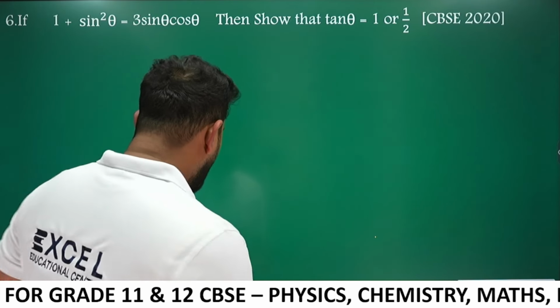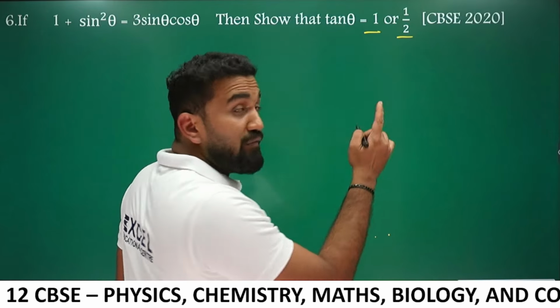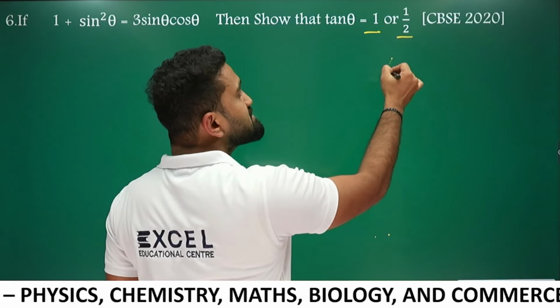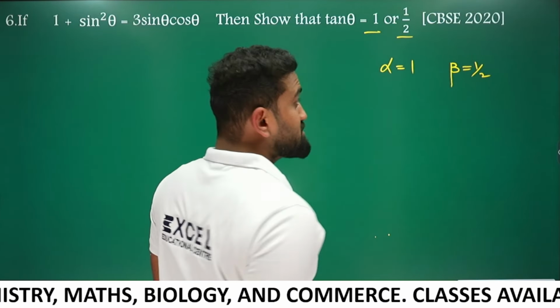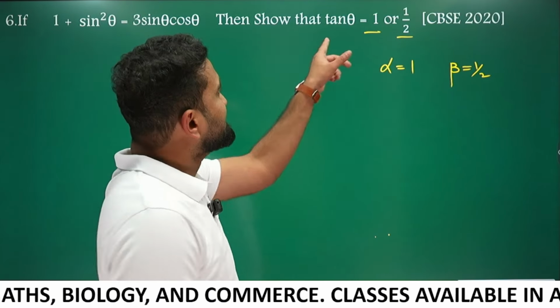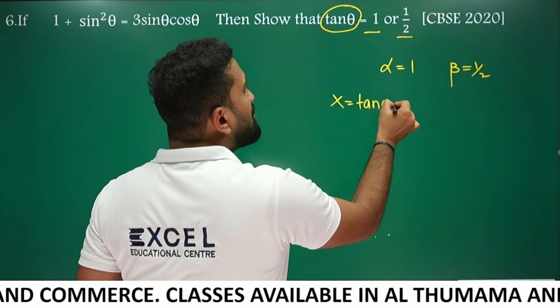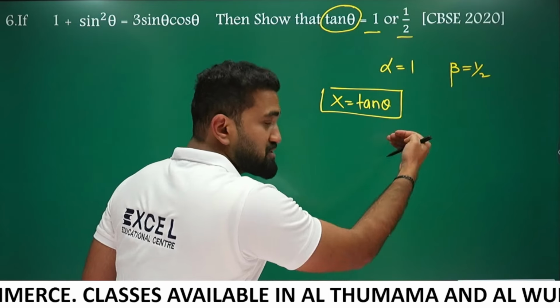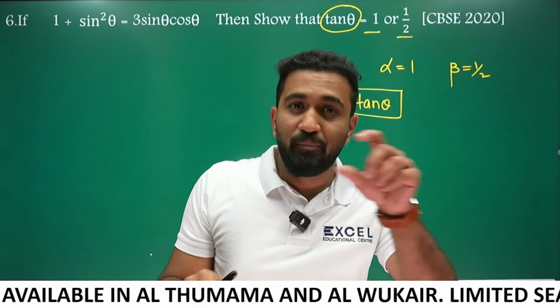If I'm telling that 1 and 1 by 2 are the roots of a quadratic equation, means alpha is equal to 1 and beta is equal to 1 by 2. So x equal to tan theta will be carrying a quadratic equation, which you can formulate by using the concept of formation of quadratic equation.